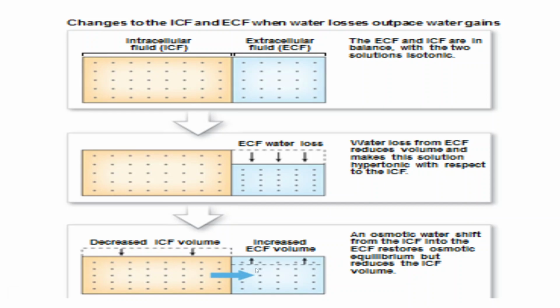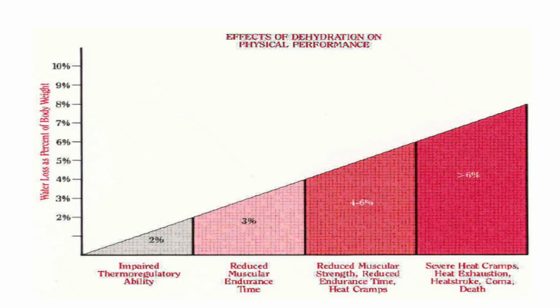Along with the water, the concerned electrolytes also would be lost, and the effect would be in the intracellular compartment. Ultimately, the life function depends upon the intracellular compartment, and once it is affected, you will see the consequences of what we call water loss or dehydration.